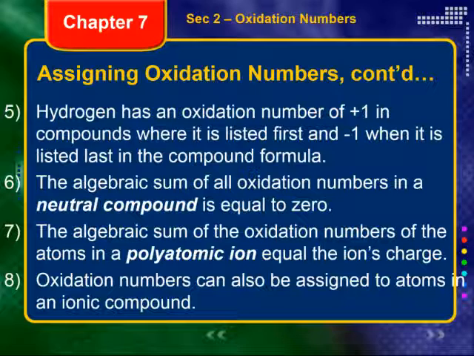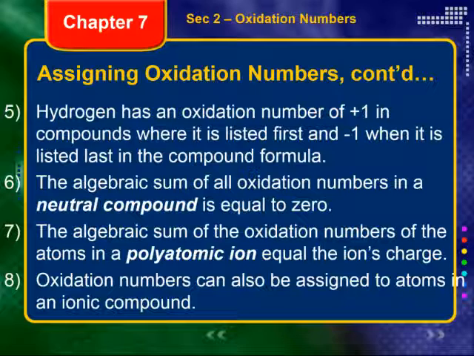Number 7, the algebraic sum of the oxidation numbers of the atoms in a polyatomic ion is equal to that ion's charge, whether it's -1, -2, +1, +2, whatever.